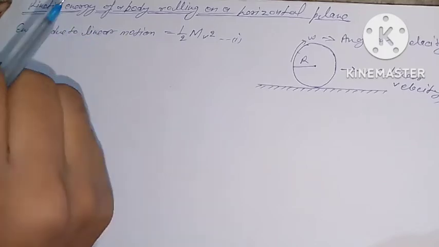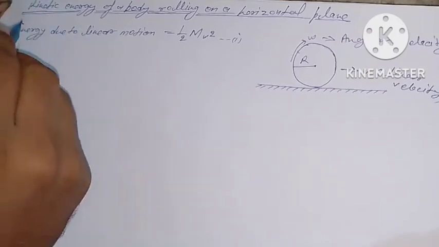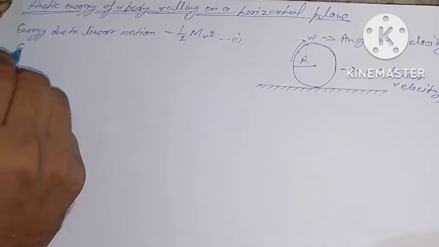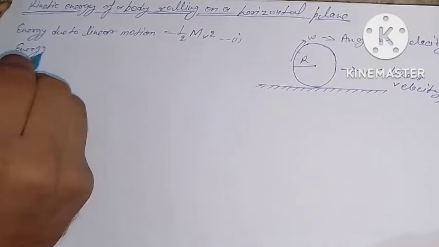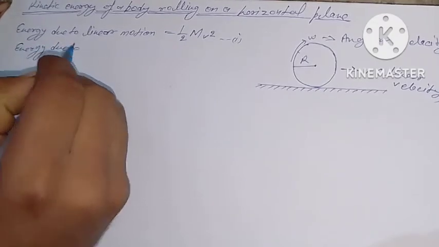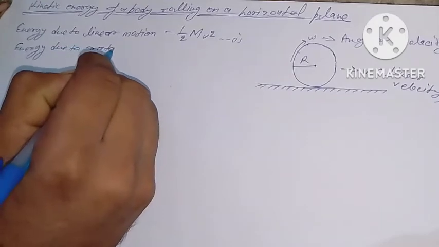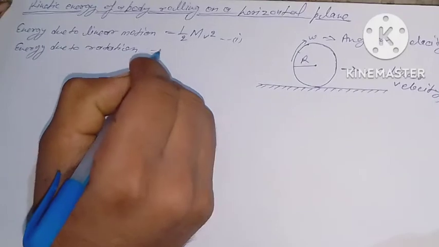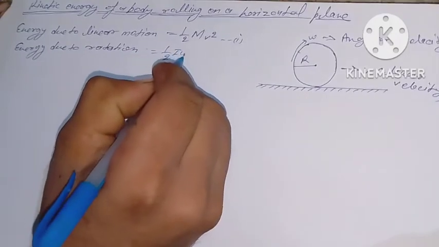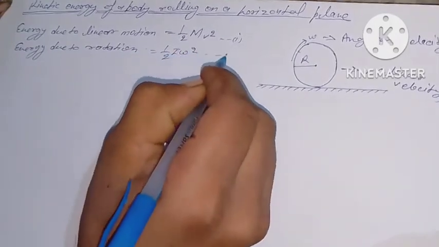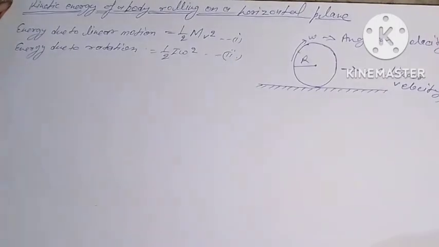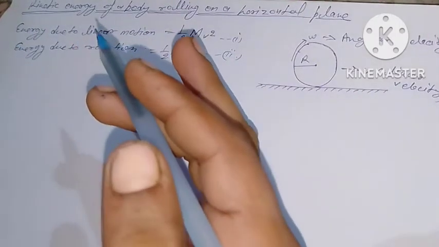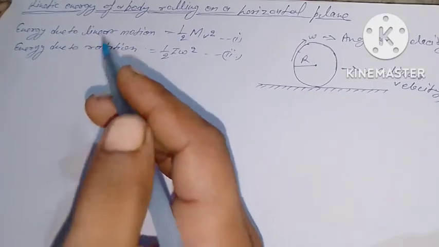Then energy due to rotation equals 1/2 I omega square. This is equation number second, where I is the moment of inertia of the spherical ball and omega is the angular velocity.